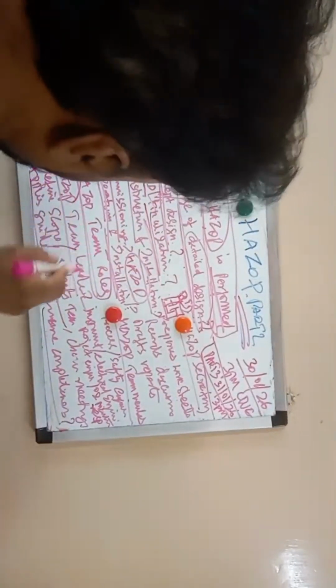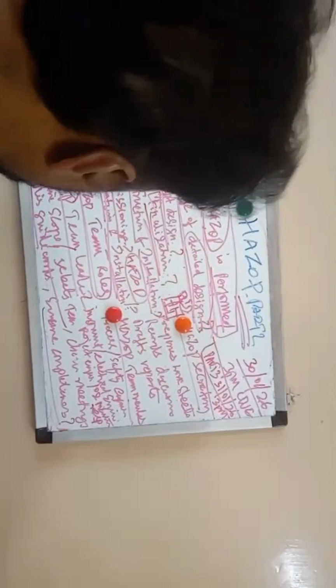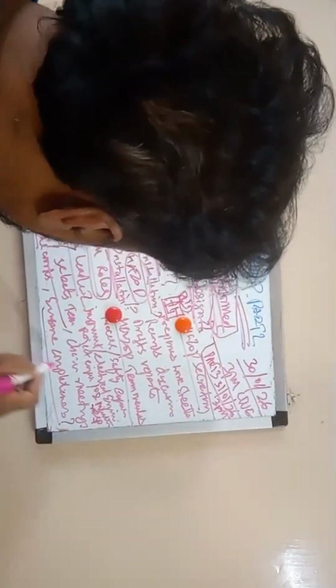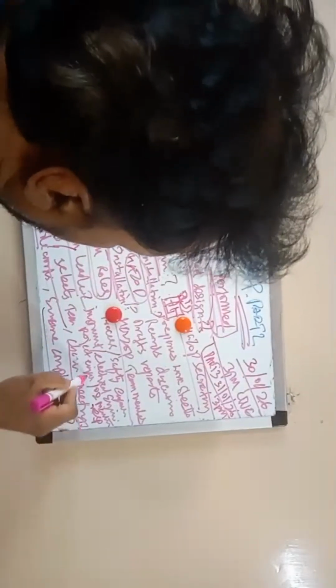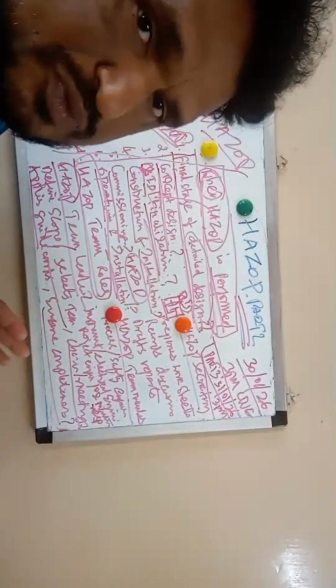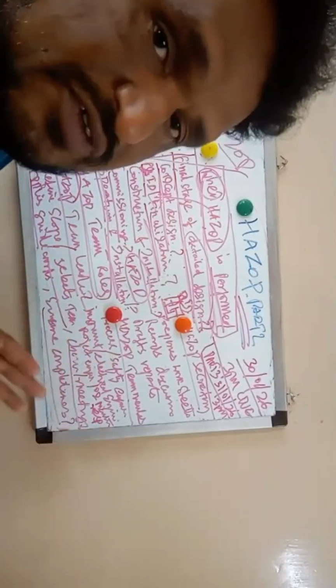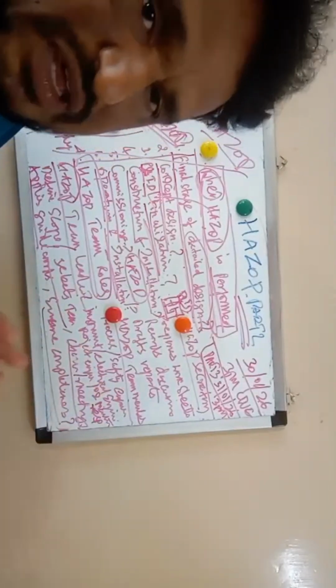He has to take charge of the detailed scope, select the team, and then arrange the chain of meetings for HAZOP. HAZOP, as you know, is a complex process. It will take time, and each and every stage is very vital.